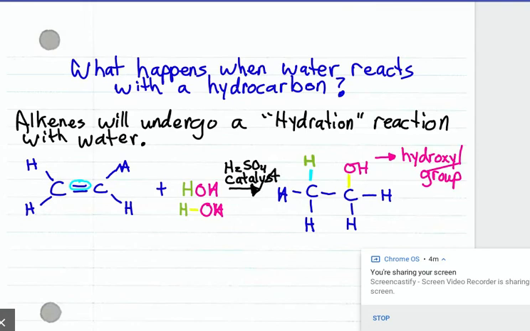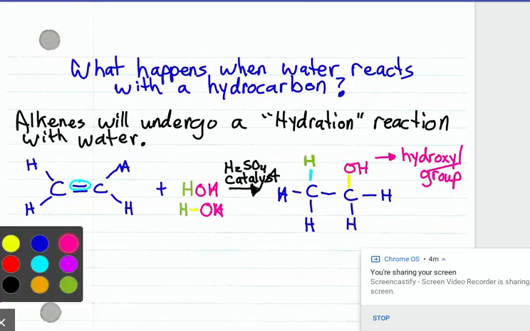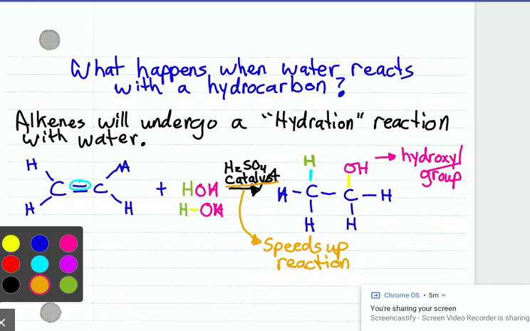It's not part of the reactants or part of the products, but it speeds things up. Maybe I'll label that. I'm running out of colors. Catalyst. Just write this down here. So in order for this hydration reaction to occur, it needs to have the sulfuric acid catalyst.